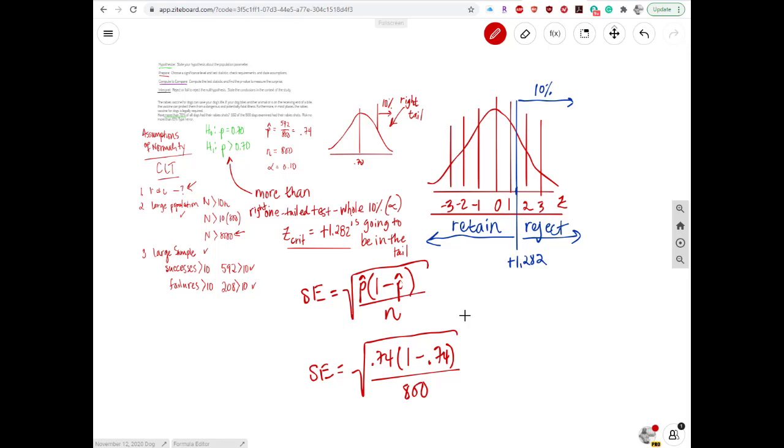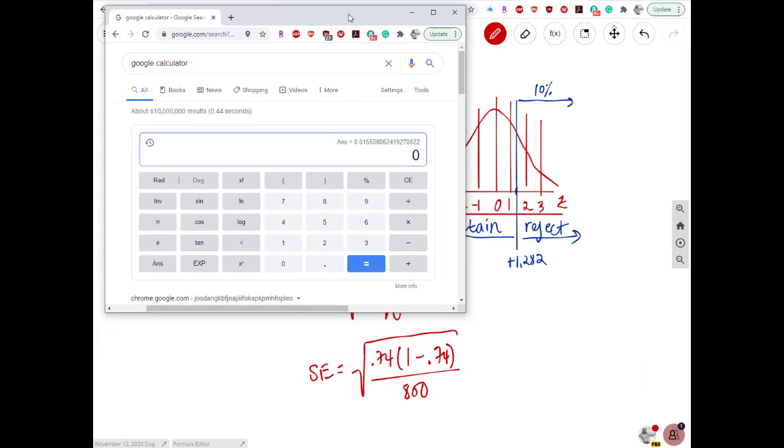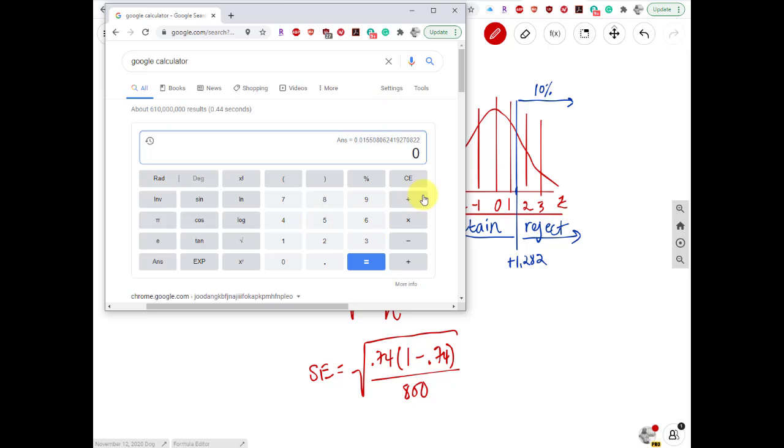And I'm going to go ahead and use Google Calculator to do this calculation. I'm going to clear this out, and let's see what I've got. I've got 0.74 times parenthesis 1 minus 0.74 equals, and I get the numerator of this fraction.